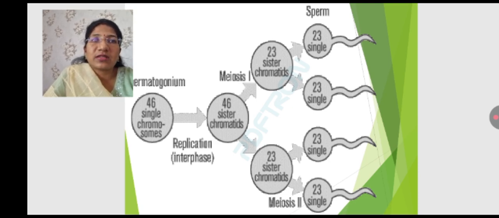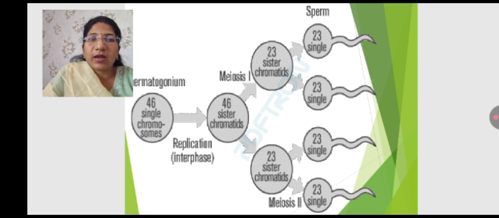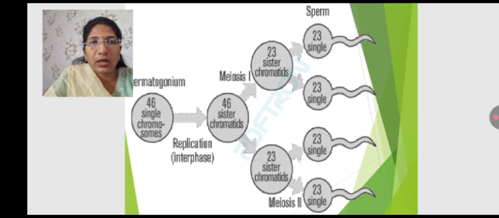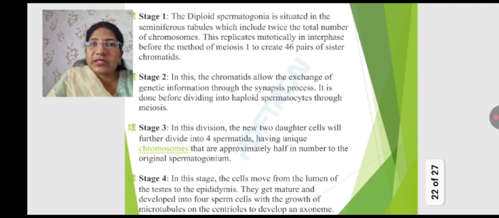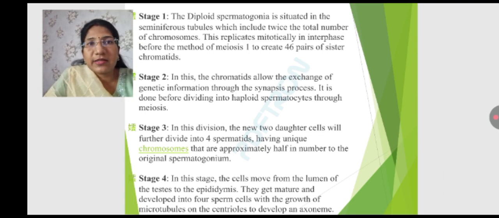Again, these are divided in meiosis second, giving four daughter cells, that means 23 single sperm. Is that clear? So in the first, second and third stages, what is happening?